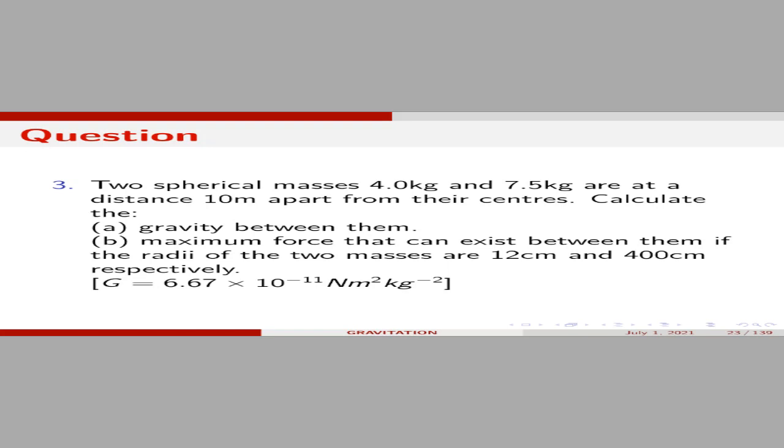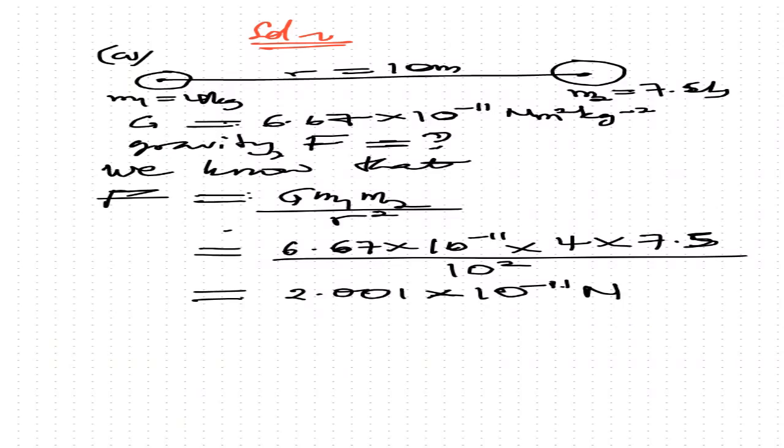We have been given the radii of the two masses. And I have told you that the maximum force of gravity will be obtained when the bodies are closest. I said this earlier. Do you remember?